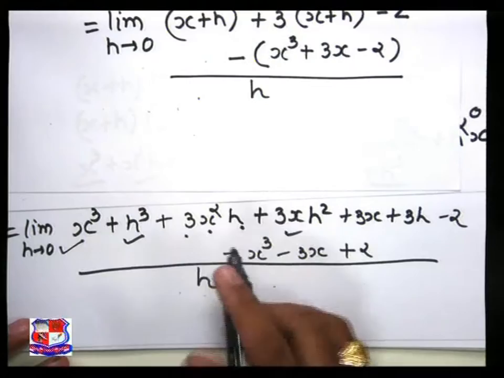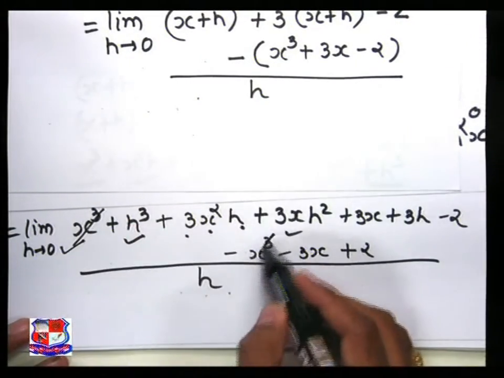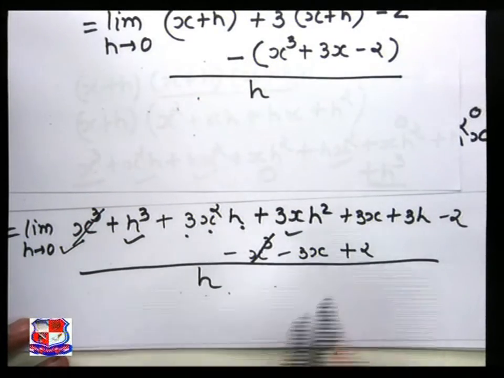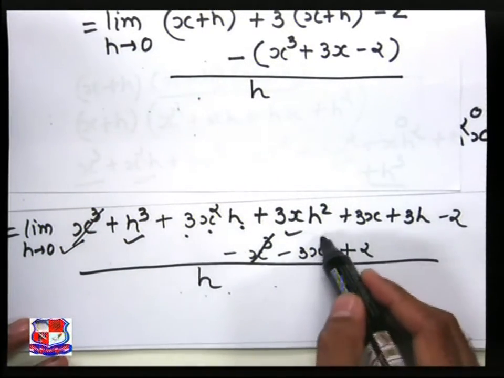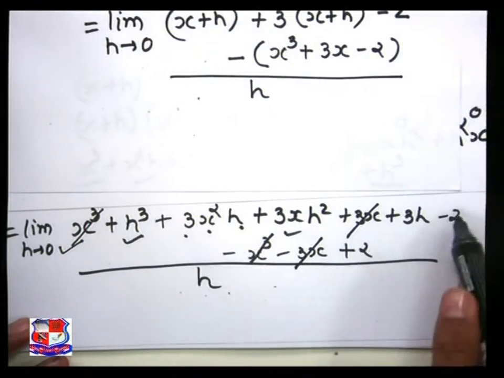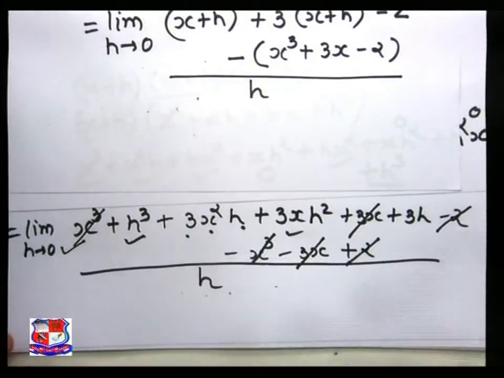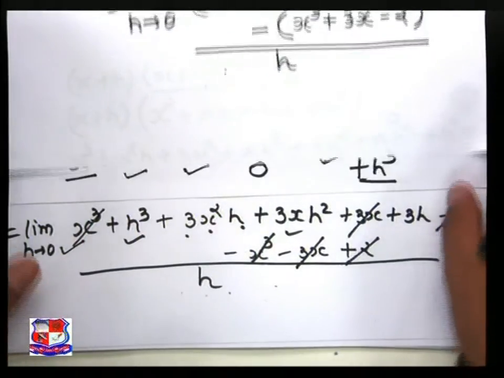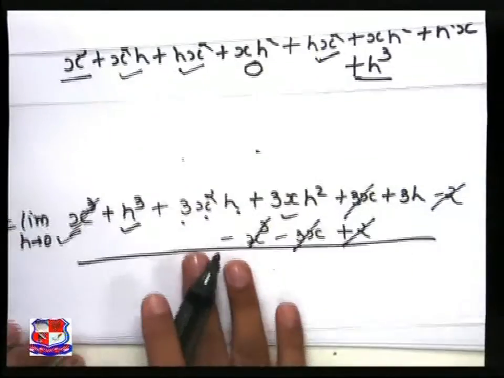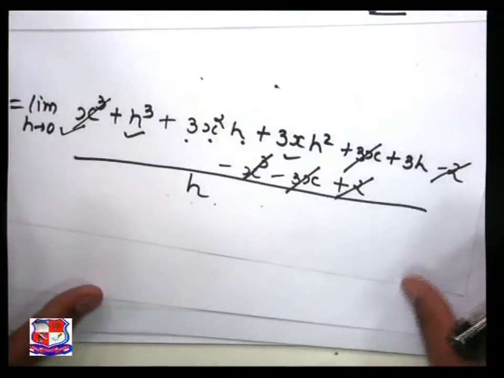Which terms cancel out? Here x cube cancels out, plus 3x minus 3x cancels out, plus 2 minus 2 cancels out, and we can write our remaining terms. So the remaining terms become limit h tends to 0, write it as it is.